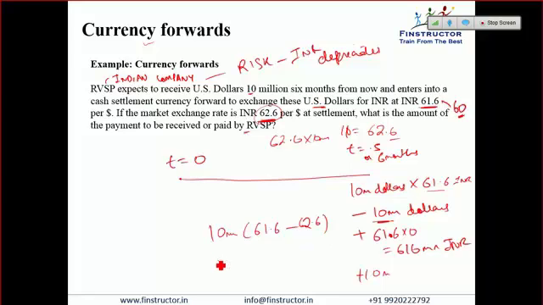So what will be his total loss? It will be minus 1 into 10 million, that is 10 million INR. That is, he is getting 10 million INR less. If it had actually become 60, he would have gained 1.6, because he would have sold the dollars for 61.6, whereas today the rate is only 60, or he would have gained 16 million INR.